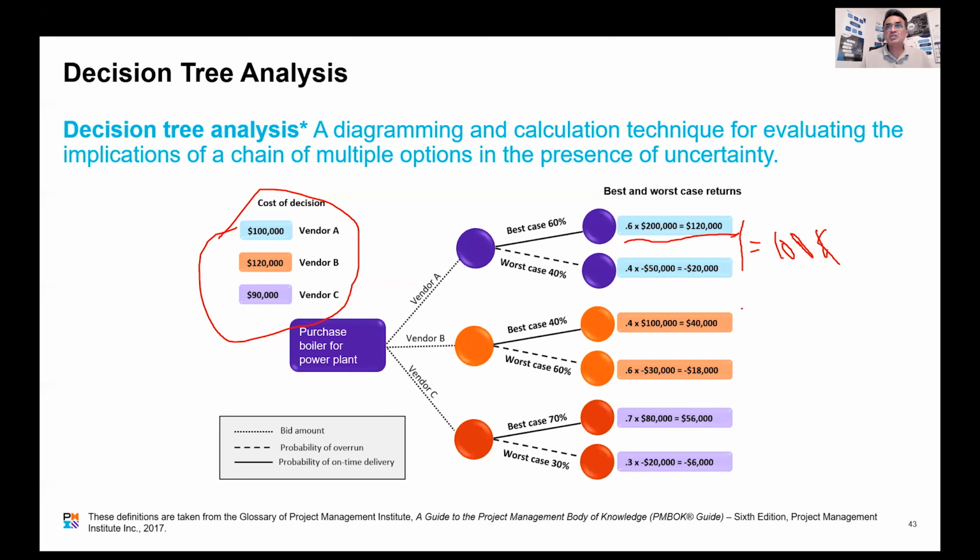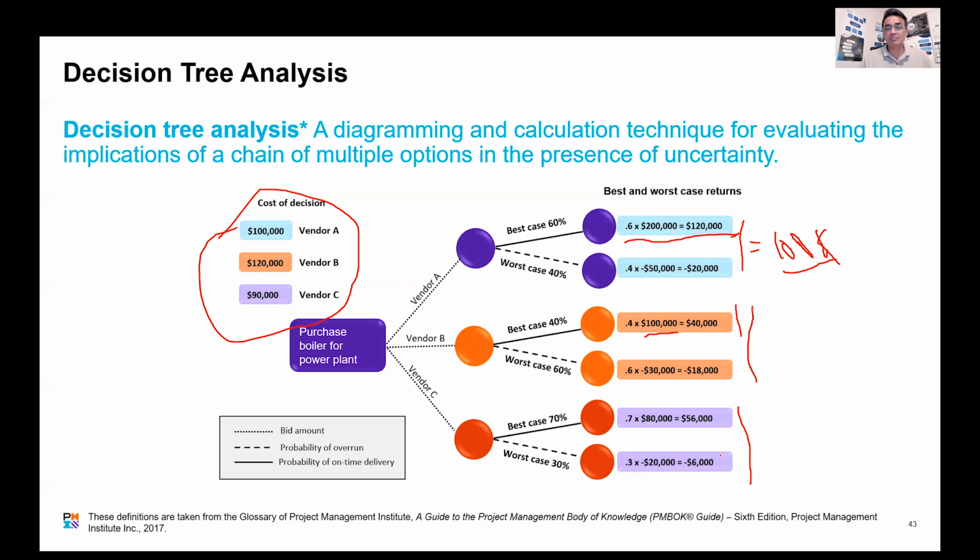Now, similarly, based on your historical data, you believe there's a 40% chance of success with this vendor, and you'll make 100K, and there's a 60% chance of losing 30K if we engage this vendor, based on their historical performance. So what is the sum of these two? 40 minus 18 is 22. 22,000. So the first one is 100K, the second one is 22,000. Let's look at the third one.